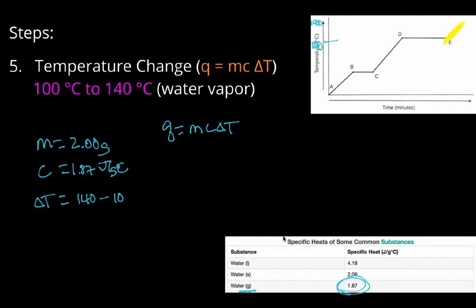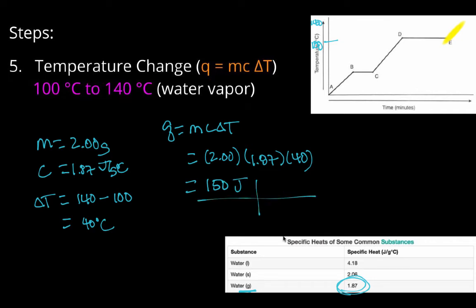Final minus initial, so my temperature change is 40 degrees Celsius. So I plug that in, and I would get 150 joules. And then like we said, we're going to go ahead and change that to kilojoules. So I would get 0.150 kilojoules.